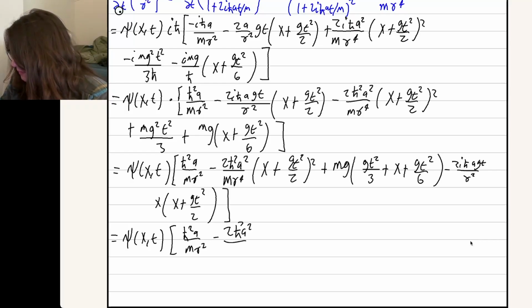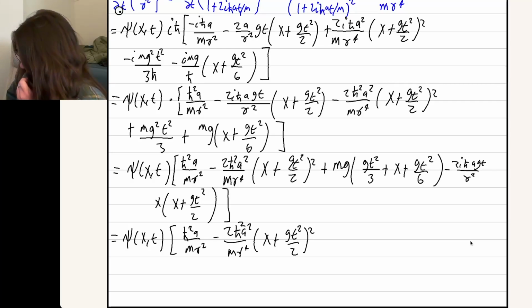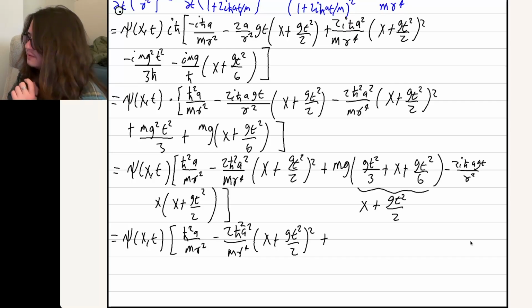The fractions inside those parentheses add up to x plus g t squared over 2 because it's a third plus a sixth.